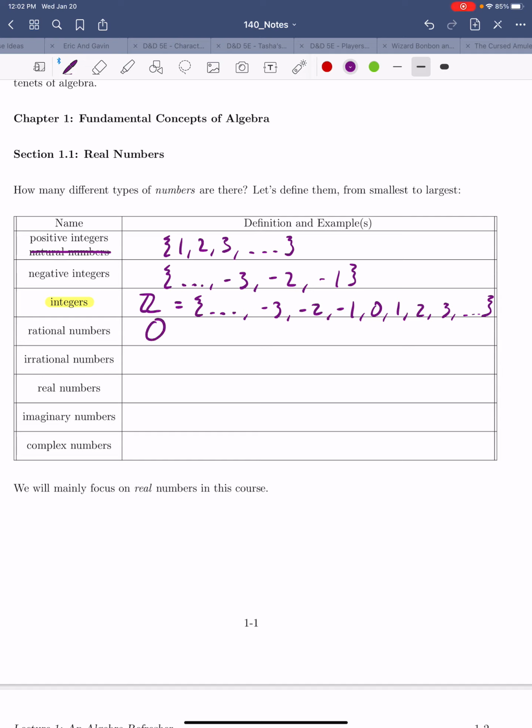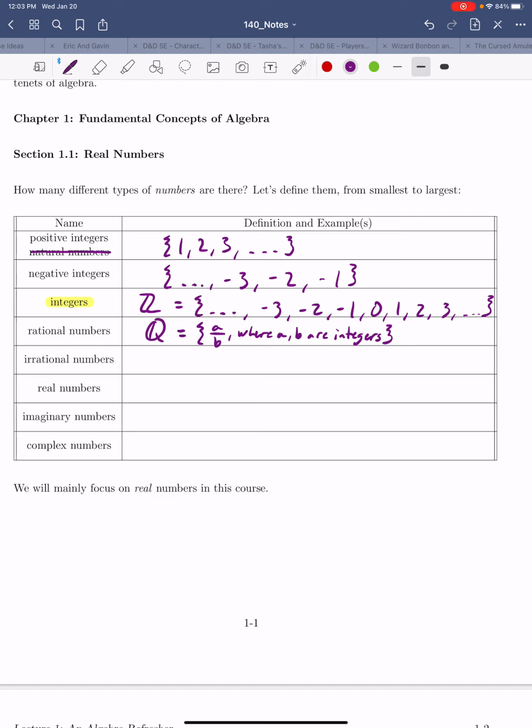Okay. Next up are the rational numbers, also very important. Rational numbers, denoted by Q for quotient, are the set of all fractions A over B where A and B are integers.